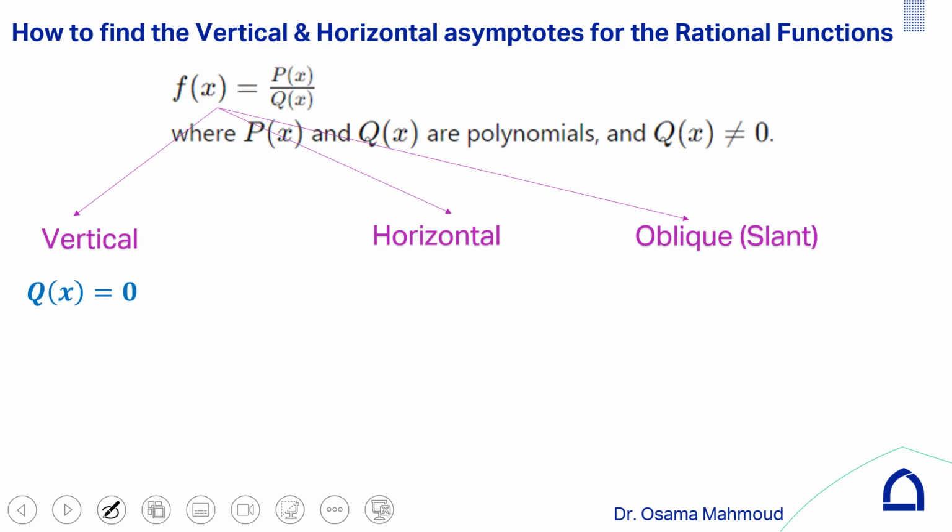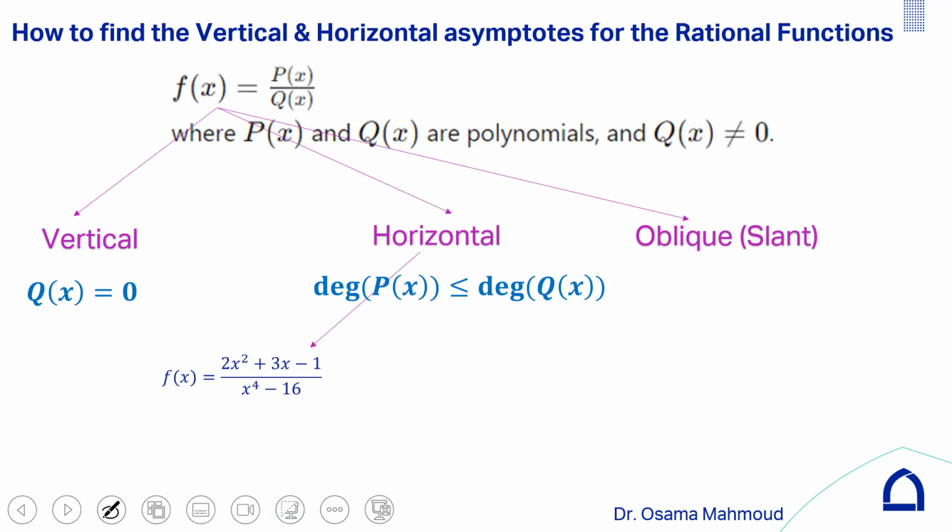Now, we know how to find the vertical asymptote by putting the denominator of the rational function equal to 0, for any type of rational function. But for the horizontal asymptote, there is a condition for the function to have one: the degree of the numerator is less than or equal to the degree of the denominator. Like this case, the degree of the numerator is less than the degree of the denominator.